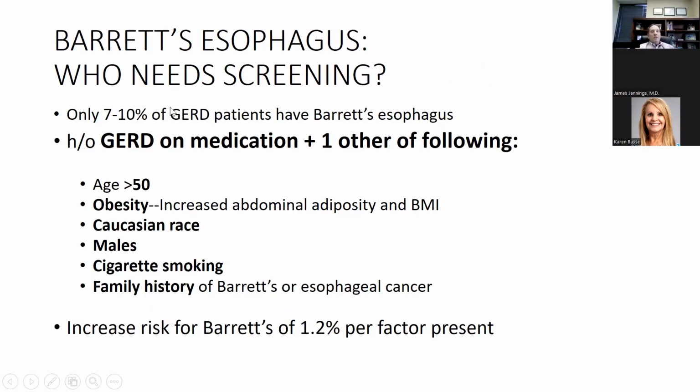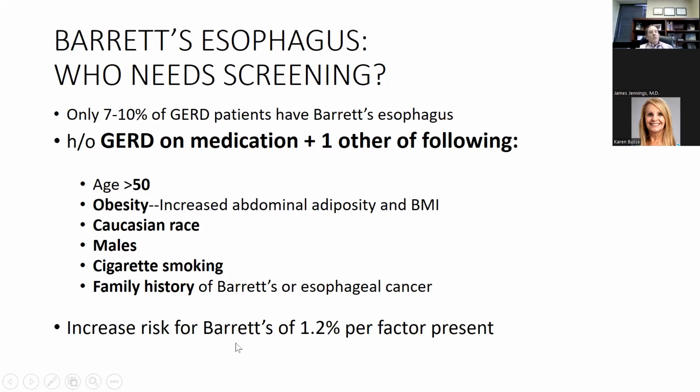So for patients, I want to emphasize this slide: patients who need screening for Barrett's esophagus have a history of reflux, on medication, and any of these other risk factors: greater than 50, obese, more likely in Caucasians, males, cigarette smoking, family history.